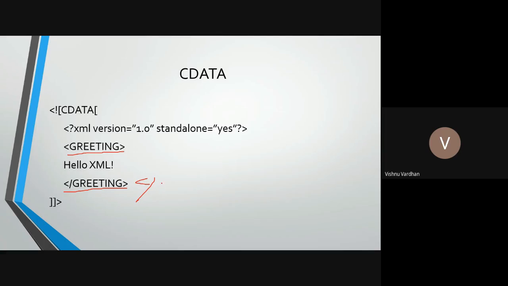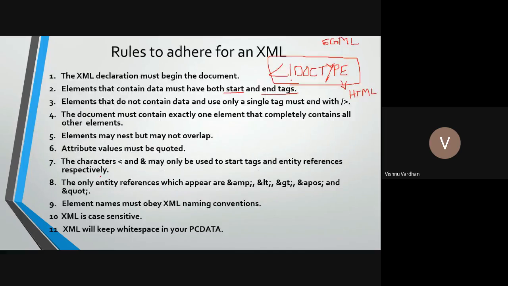You cannot write it in this way. Even though this is also greeting, you cannot write it with another kind of formatting. The text, the caps and everything has to match. Only then will it be considered the starting tag and ending tag of an XML.